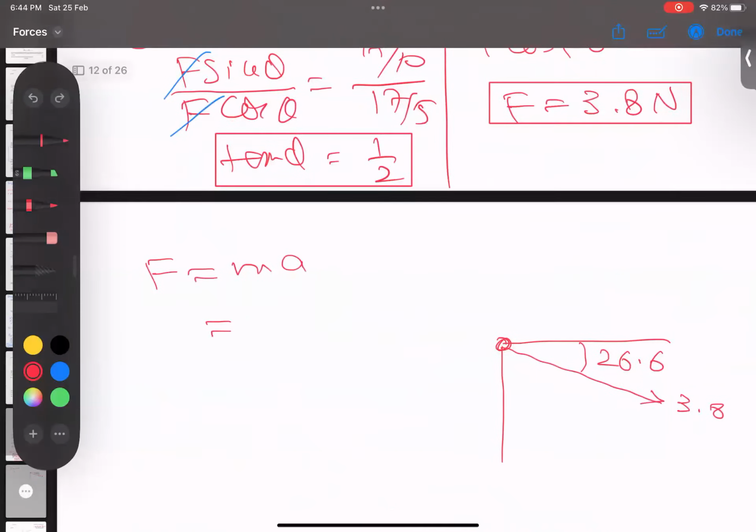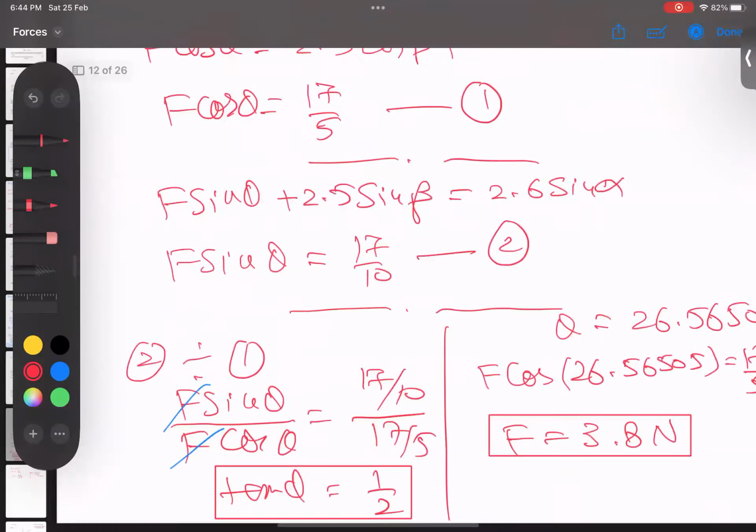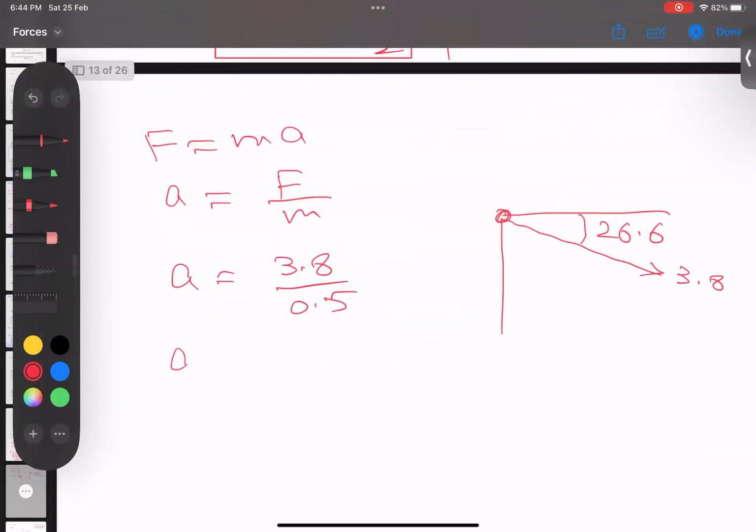If I'm looking for acceleration, acceleration is equal to force divided by mass. Force is 3.8 and mass is 0.5, so it becomes 3.8 into 2, which is 7.6 meters per second squared.